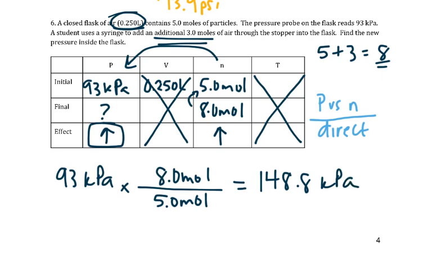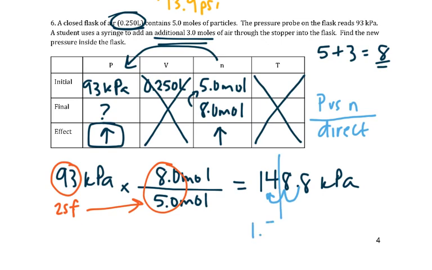Now go back, it says 2 sig figs, and both of these numbers also have 2 sig figs. So the final answer is going to need 2 sig figs. We're also going to move the decimal and then 2 sig figs, cut it off there. So it becomes 1.5 times 10 to the second kilopascals as your final answer for number 6.